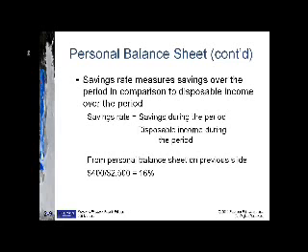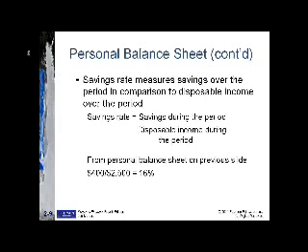And then you're going to divide it by your total disposable income, which is on your cash flow statement, and that's the amount of money you're bringing in every month. So when you take your savings and divide it by your disposable income, the savings rate that you get is basically the percentage of your money that you're saving.